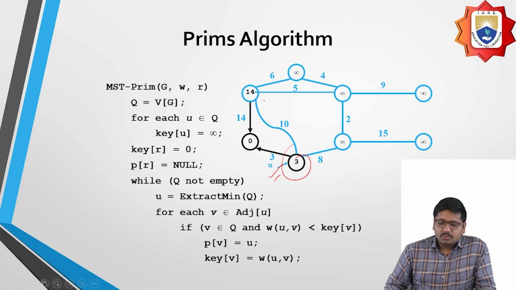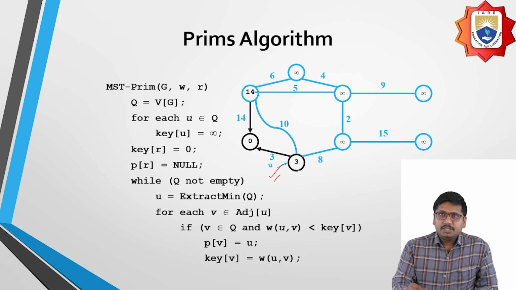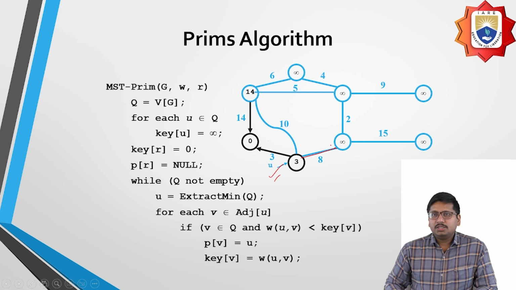So next, from this place, what is the next minimum I'm going to select? So 8 and 10. If I select this 10, it is going to form a cycle. So obviously we're going to have one option, that is 3 to 8.